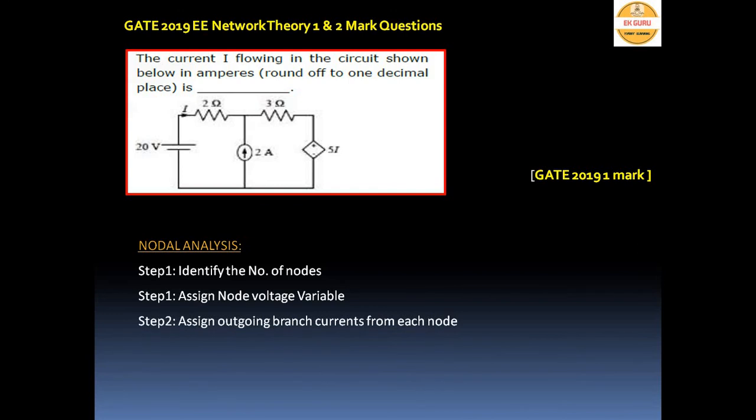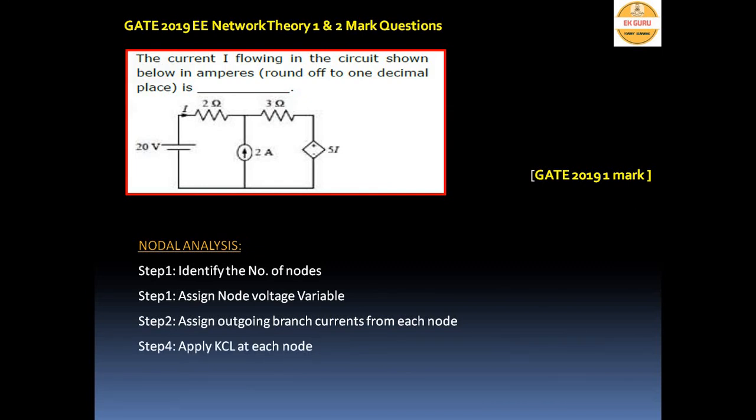The third step is to assign outgoing branch currents from each node, like I1, I2, I3. For easy analysis, we will take all currents as leaving from the node.